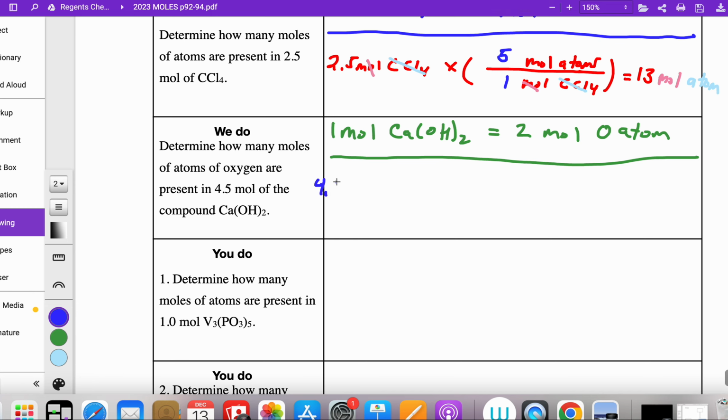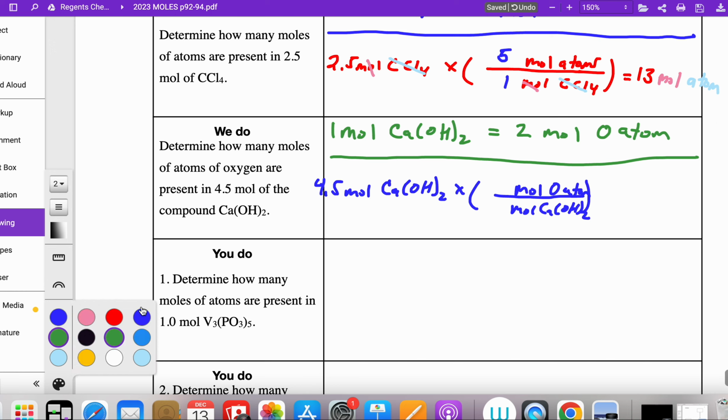So if I have 4.5 moles of calcium hydroxide, then I can convert it using my relationship written in green to moles of oxygen atoms. So my relationship is what I determined up here in the green.